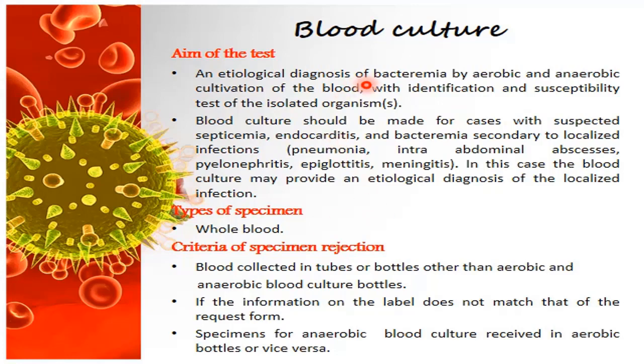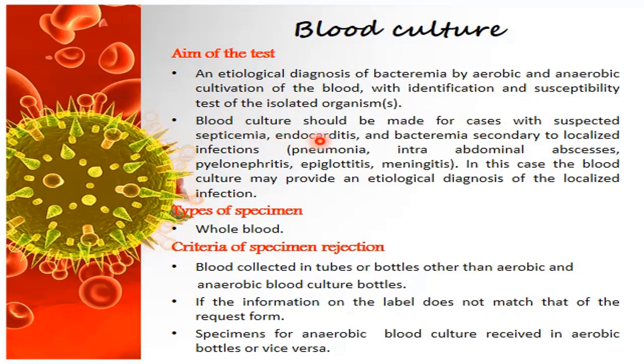An etiological diagnosis of bacteremia by aerobic and anaerobic cultivation of the blood, with identification and susceptibility tests of the isolated organism. The main purpose of doing blood culture is to isolate the causative microorganism and do antimicrobial susceptibility tests for this pathogen.